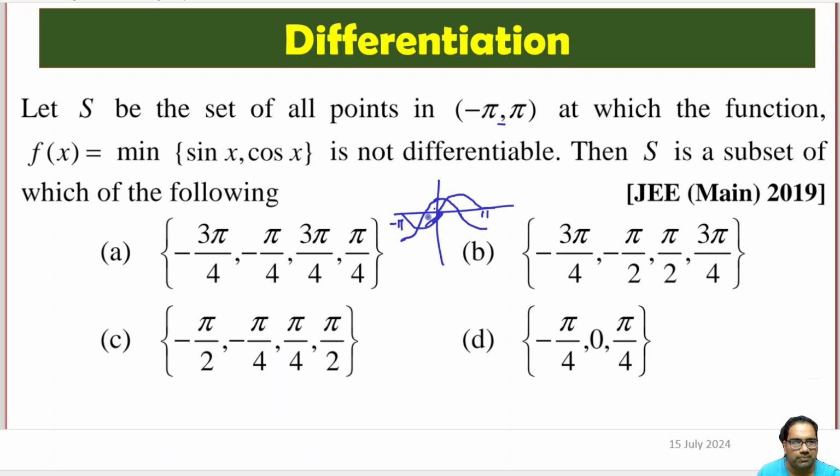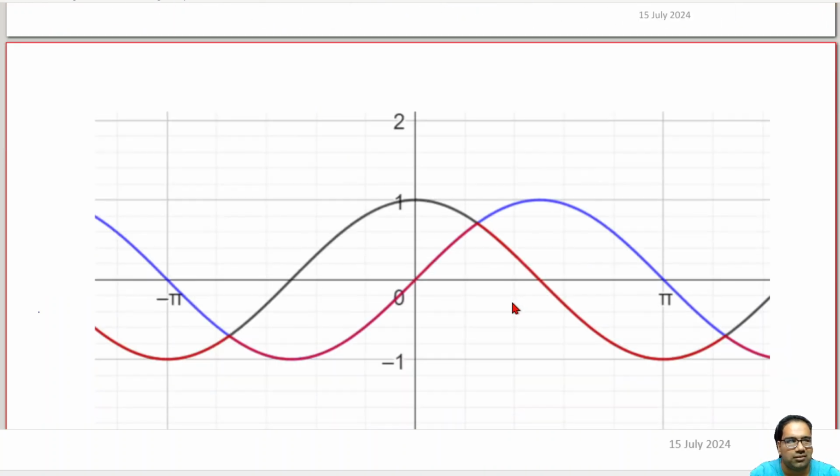We are talking about the minimum. What does that mean? We are talking about this part, then this part, then this part. I'll show you a better looking graph also. So this is minus pi, and obviously this is cos x and this is sin x.